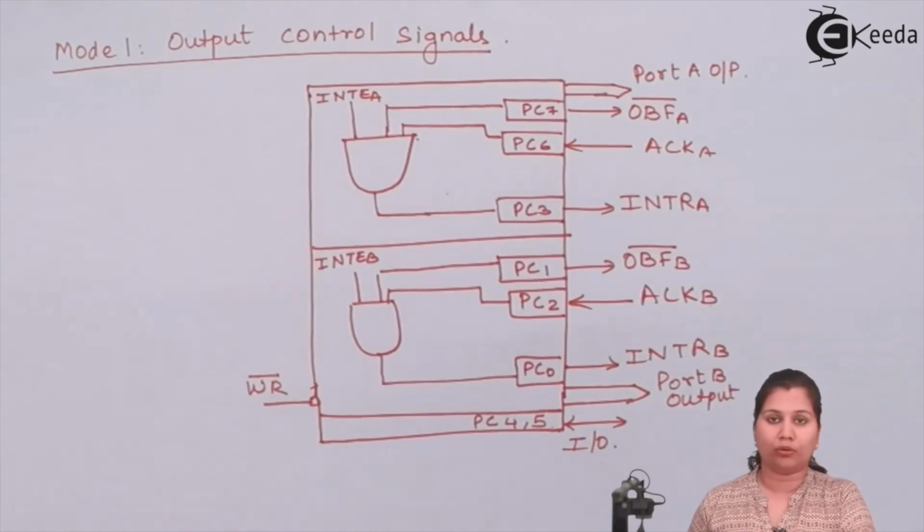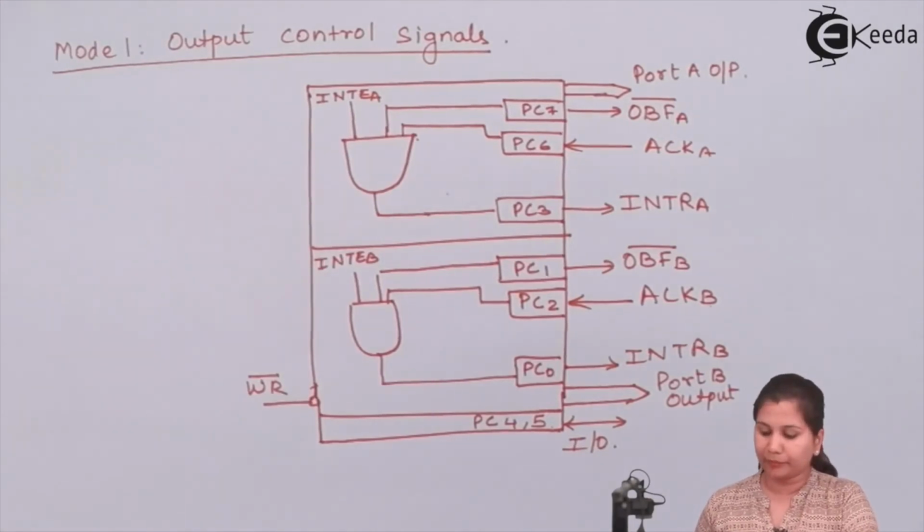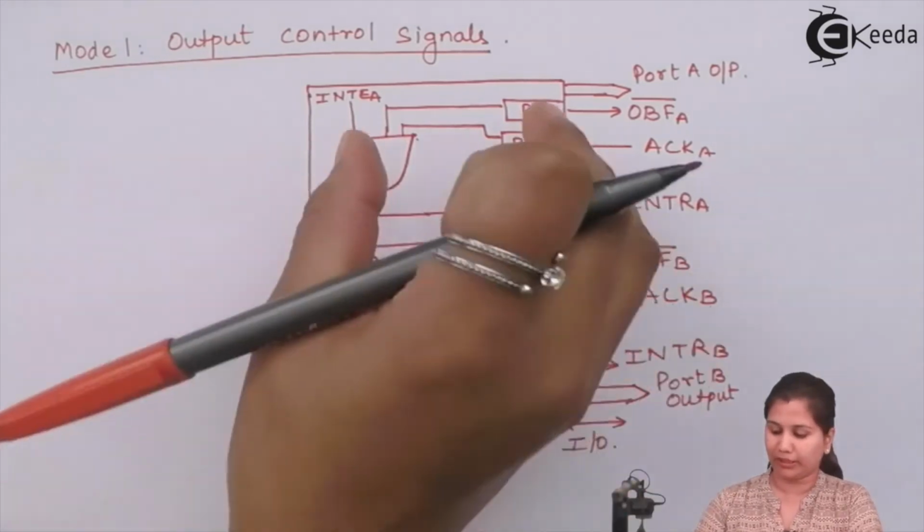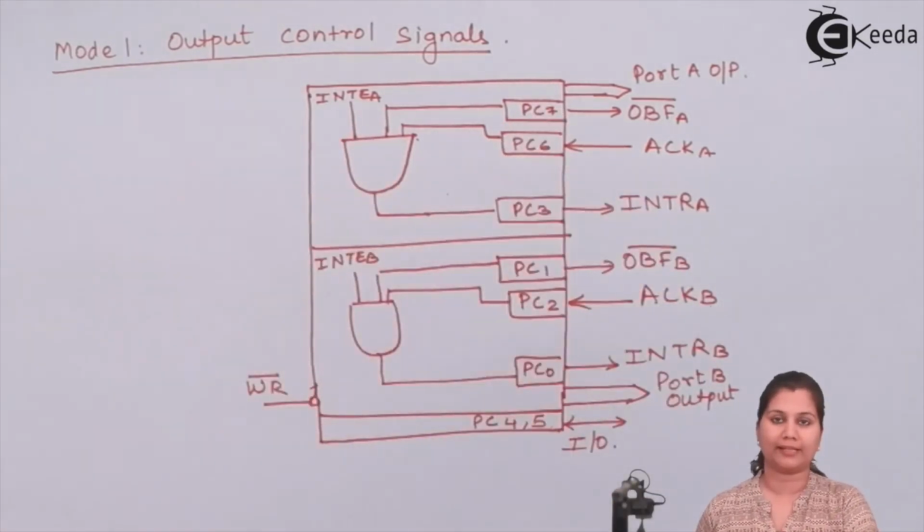So these are the mode 1 output control signals. Here also we have the two parts, port A and port B, acting as the output ports.